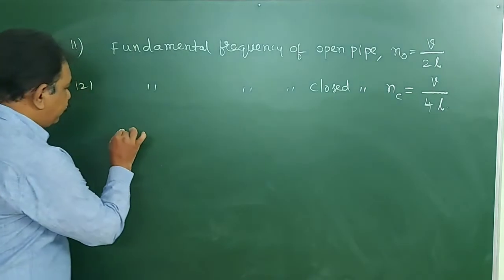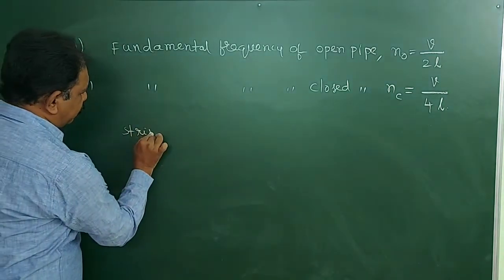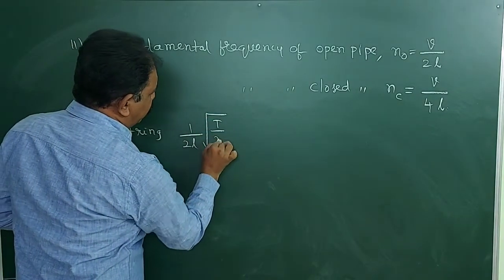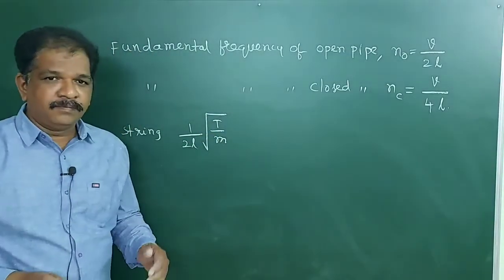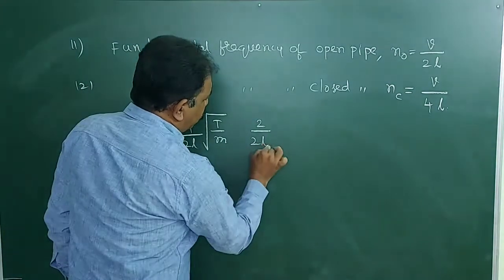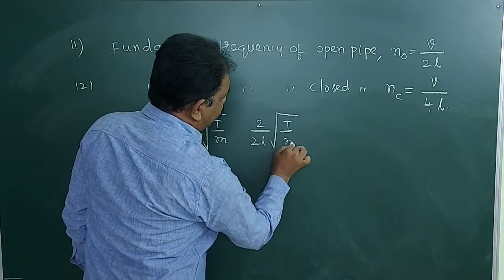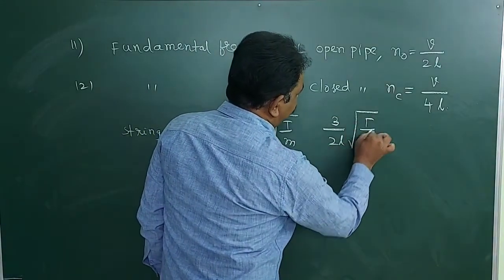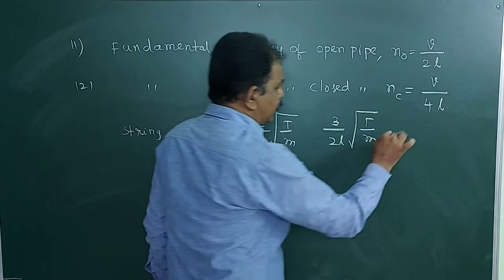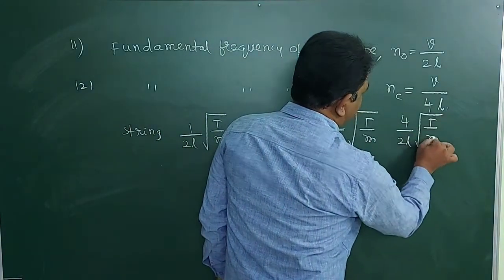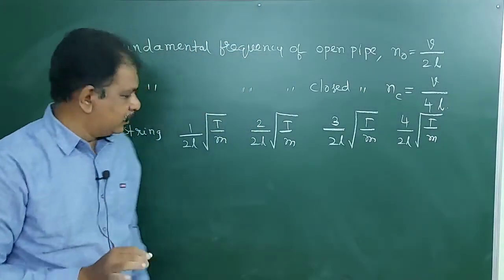See, if you take string, fundamental frequency 1 by 2L root T by M. Next formed frequency will be 2 by 2L root T by M. Next 3 by 2L root T by M. Next 4 by 2L root T by M. Like this it will form frequencies.